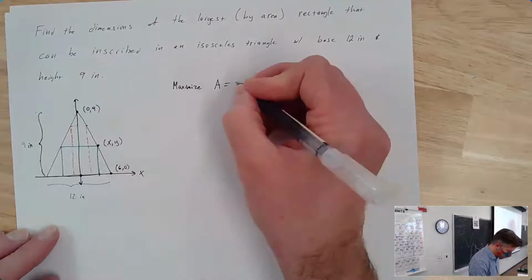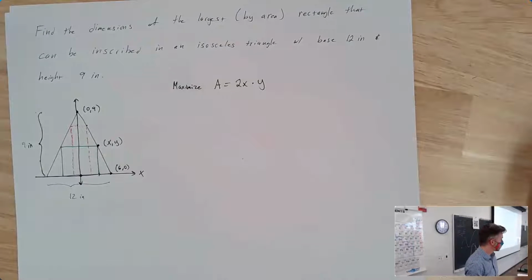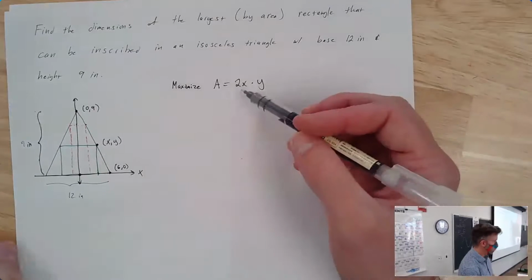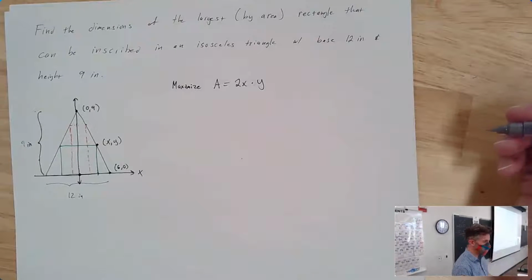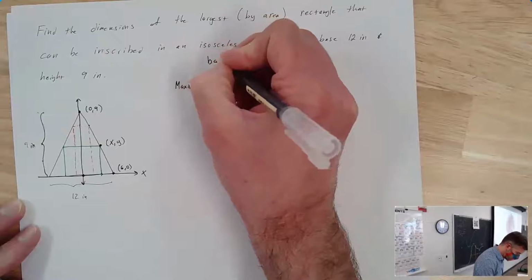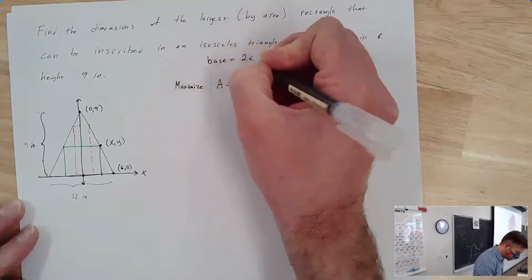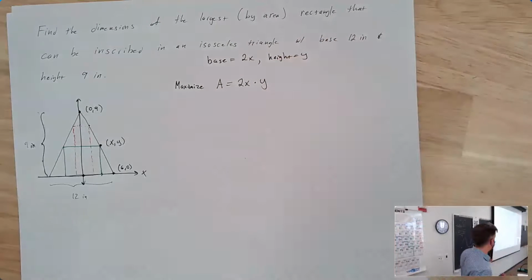So the base is actually 2x, and the height is actually y. It doesn't really matter if we maximize 2xy or xy. We're still going to get the same values for x and y in the end, but it's good to know what the base is, right? Our base is 2x. Our height is y. So if we're actually answering the question at the end, our answer should be whatever the base is, which is 2x, and the height is, which is y.